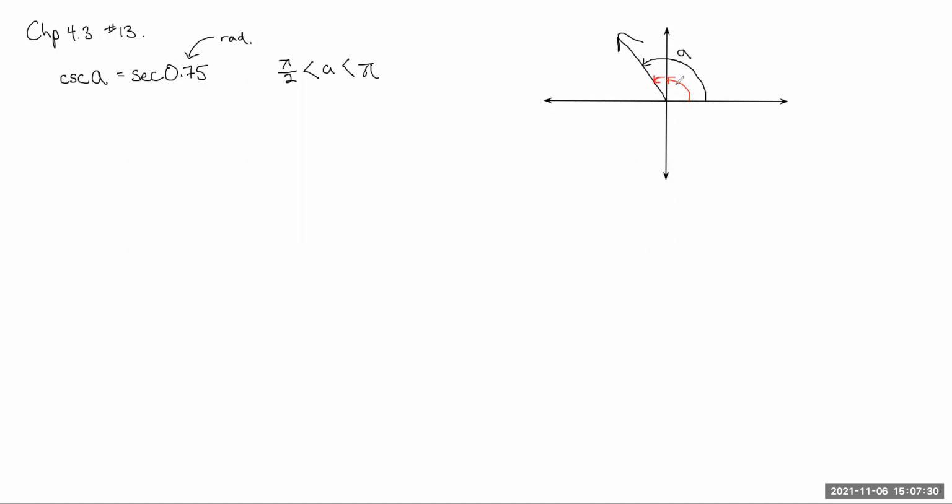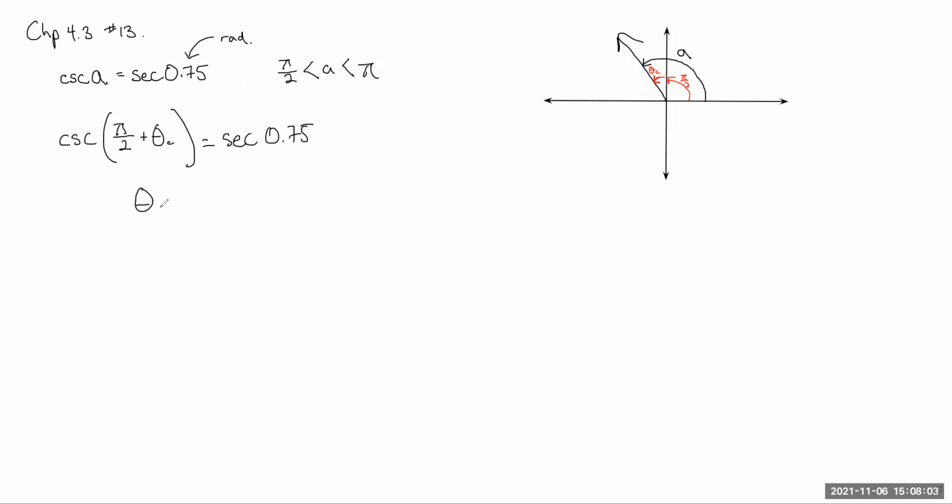So I'm going to say this is pi over 2 and theta, let's do C for correlated angle. Okay, so I'm going to rewrite cosecant here as cosecant of pi over 2 plus a correlated angle is equal to secant of 0.75. And you know, based on your cofunction identities, that this angle is what is preserved, I guess, when we convert into its cofunction.